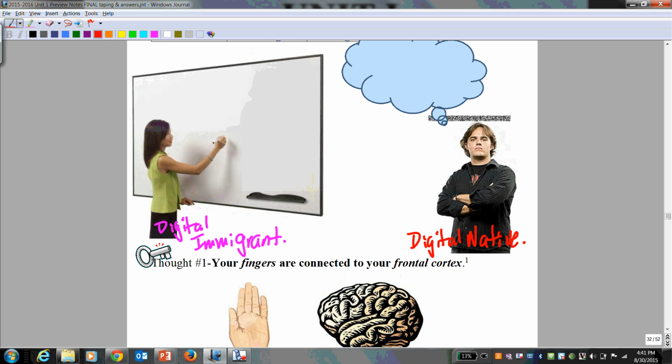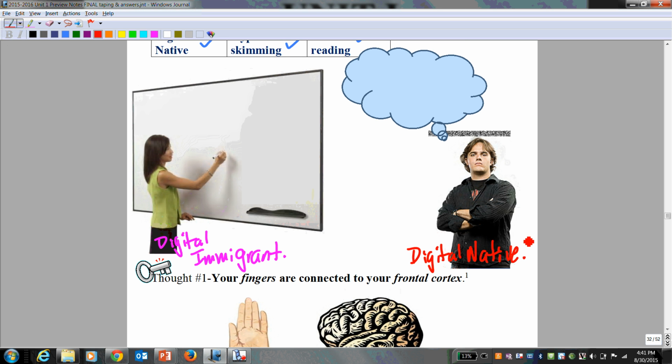So what I started noticing in my classroom just a few years ago is I would be working with a student, let's say in tutoring, and I would draw a very simple problem on the board, something that looks like this.